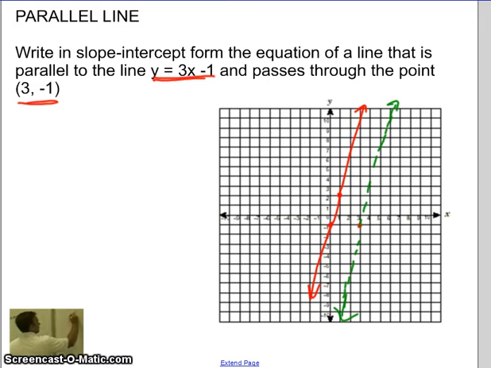Let's make some estimations here. What do you think the y-intercept is going to be? When I drew the line, it's way down here in the negatives, so I should get a y-intercept that's negative. And then what do we know about parallel lines? We learned previously that parallel lines have the same slope.